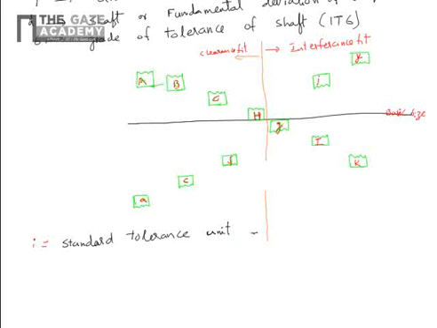So there is a formula i equals 0.45 cube root of D plus 0.001 D microns. Microns means 10 power minus 6 meters.